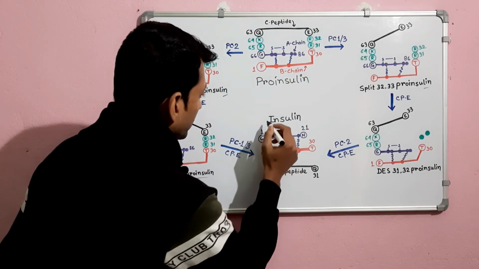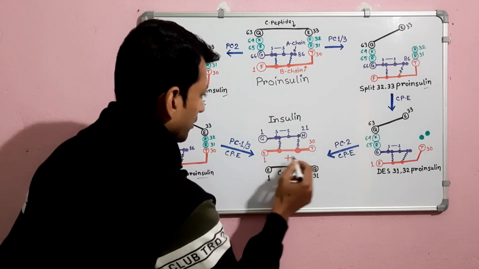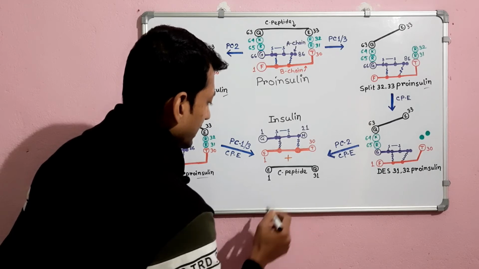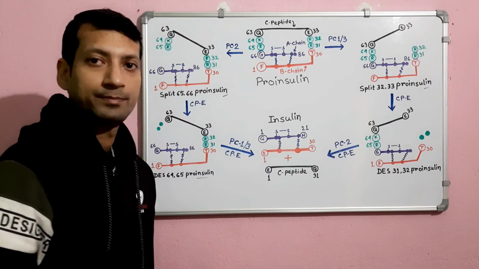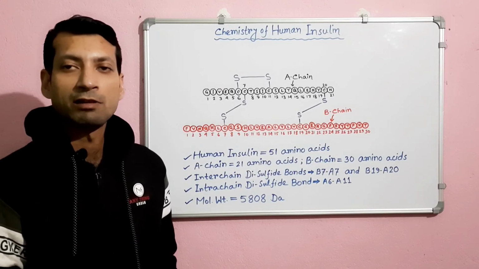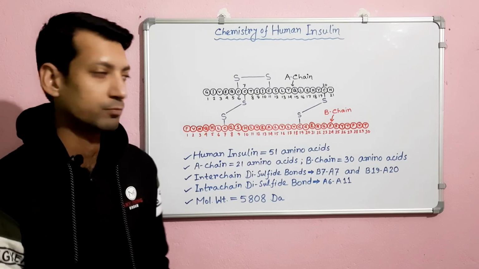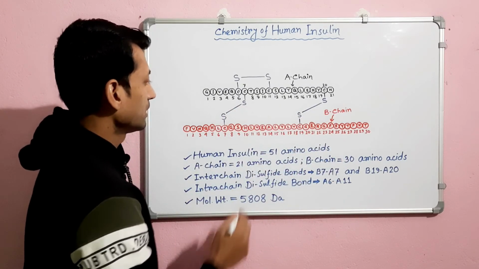So the newly formed insulin hormone has 51 amino acids and the newly formed C-peptide has 31 amino acids. Now I will show you the chemical structure of human insulin hormone. Here I have drawn a diagram of insulin hormone.